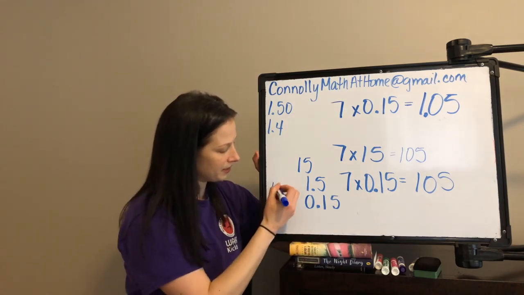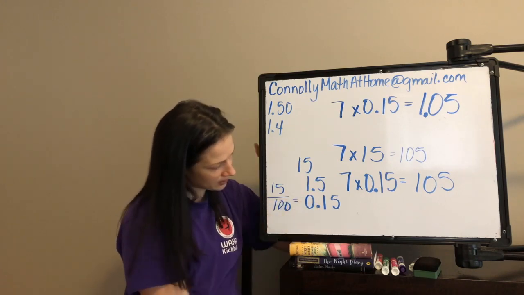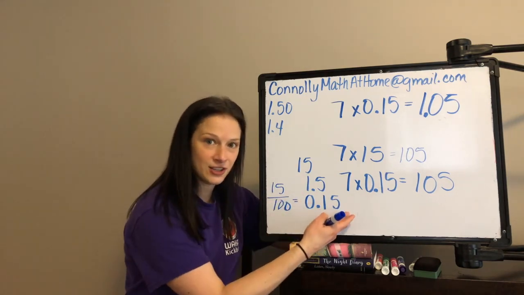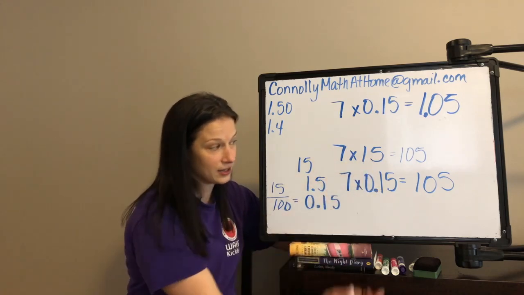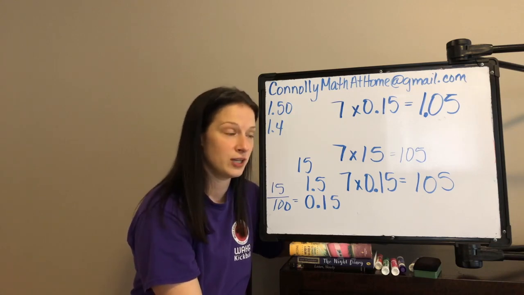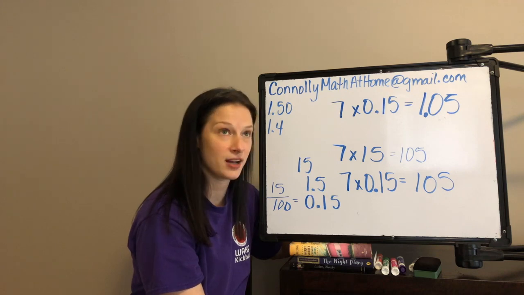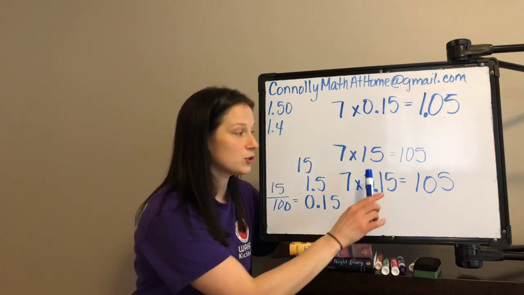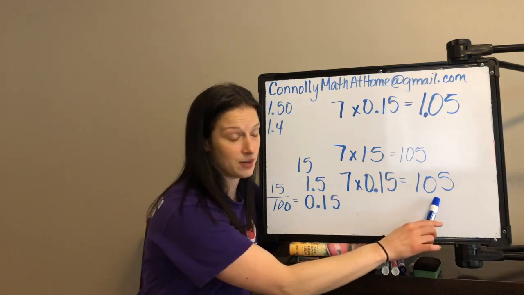Okay, when I'm thinking about 15 divided by 100, I see 15 hundredths. Okay, so that's how I know this got here. And so what I have to do is I have to make my product 100 times smaller. So this factor got 100 times smaller, so my product is going to get 100 times smaller.